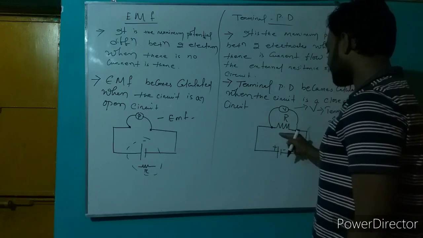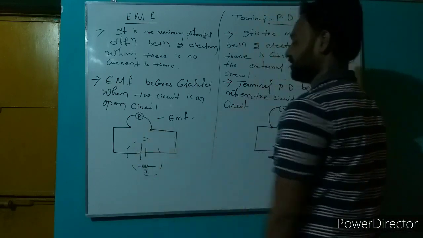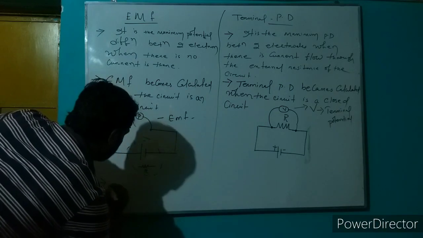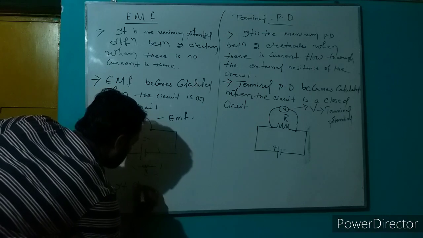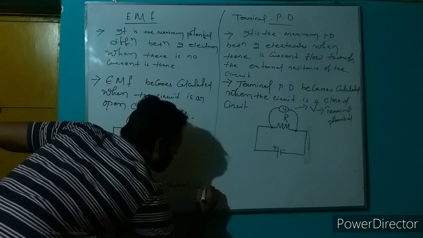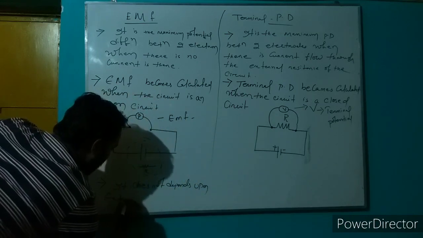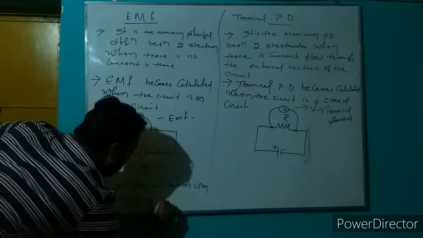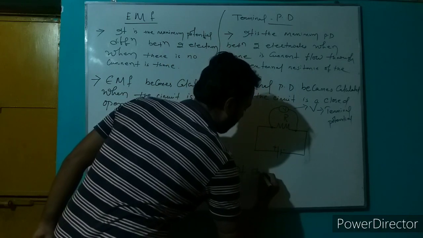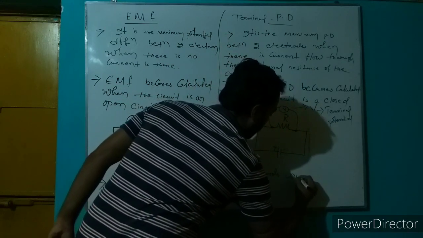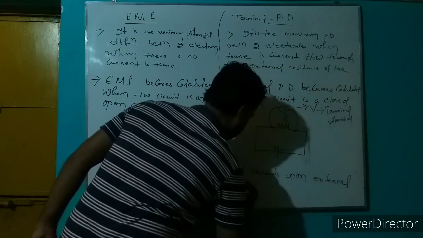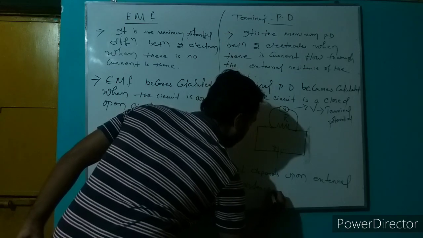Here external resistance is present, there is no external resistance there. So next point is, EMF does not depend upon external resistance. Clear?